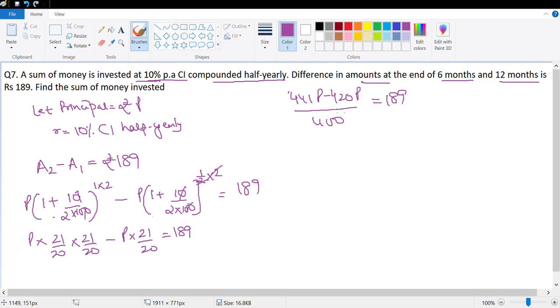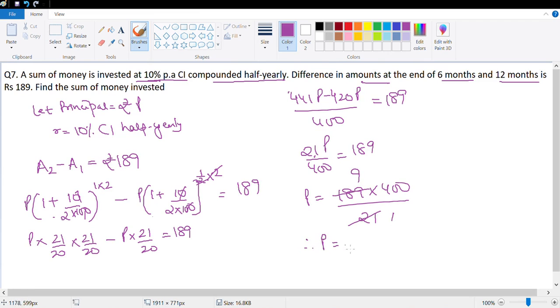That's 21P upon 400 is equal to 189. P will be equal to 189 into 400 upon 21. 21 1, 21 9. Therefore, P is equal to rupees 3,600.